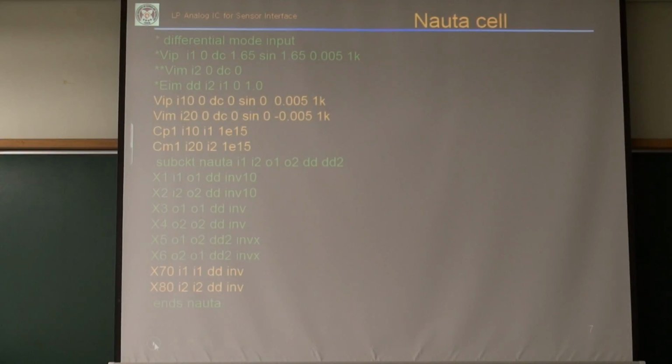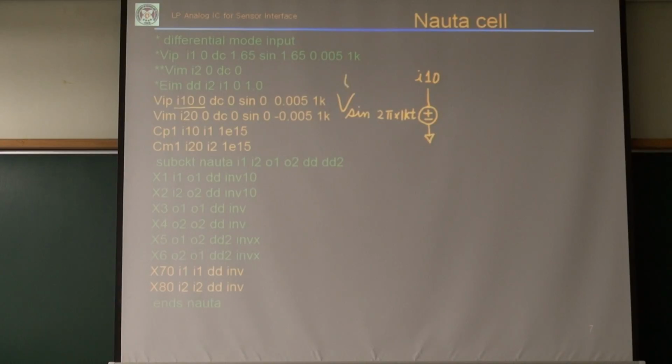Yeah, and then let's just see. Here I put a sine wave input. This is I1, 0, ground. See, I used only a sine, 1 kHz, right?